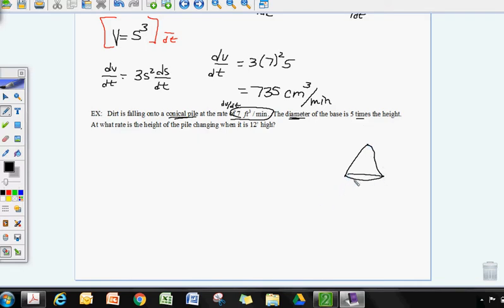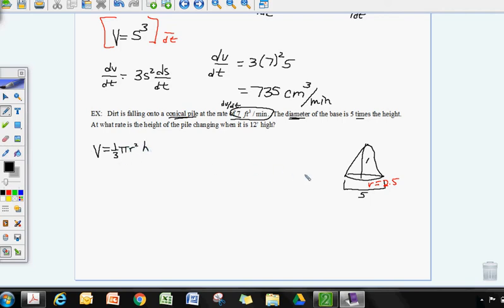The diameter, it says 5 times. Well, let's just make it a 5. That means the height would be 1. Do you notice that my radius would be 2.5 then? Because that's where my key comes in for a couple of things. So remember, my formula for a cone, volume equals 1/3 pi r squared h.